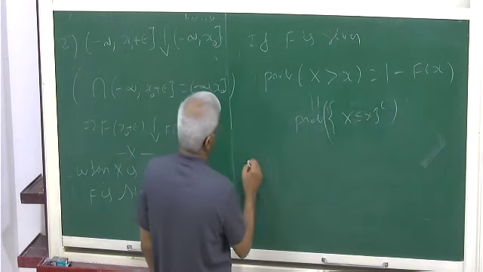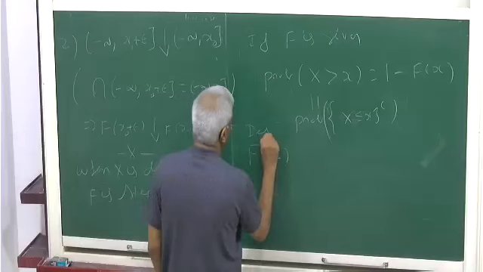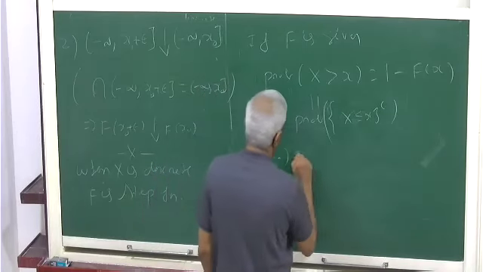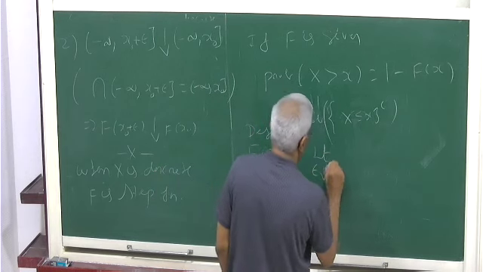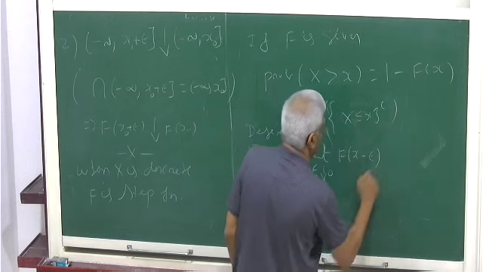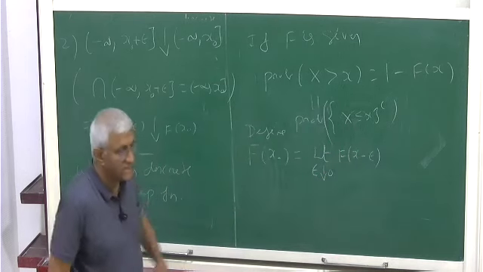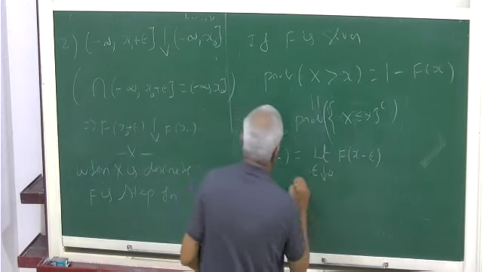Also, you can define F of x minus, equal to the limit as epsilon goes to 0 of F of x minus epsilon. This limit will exist.